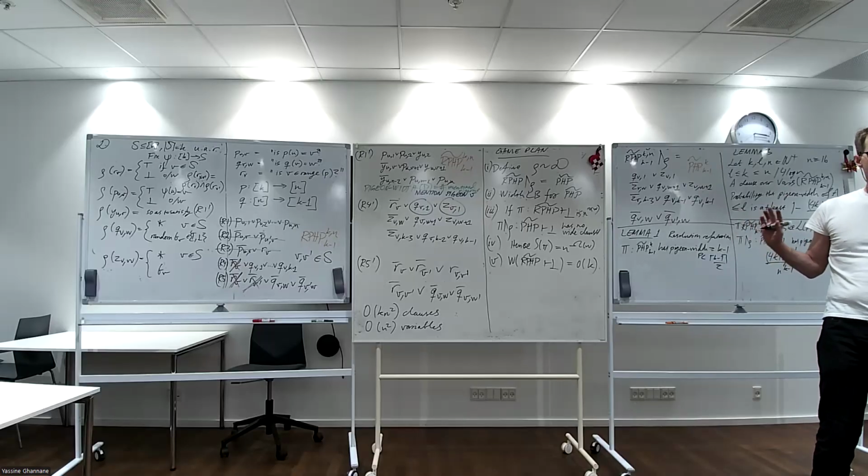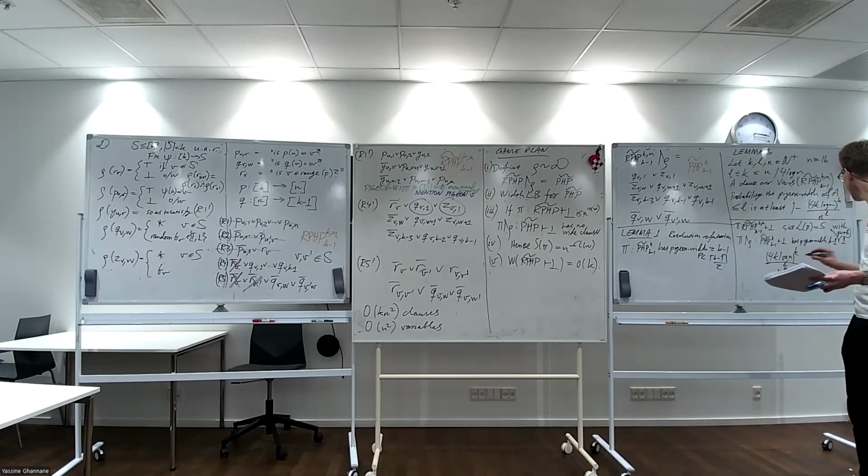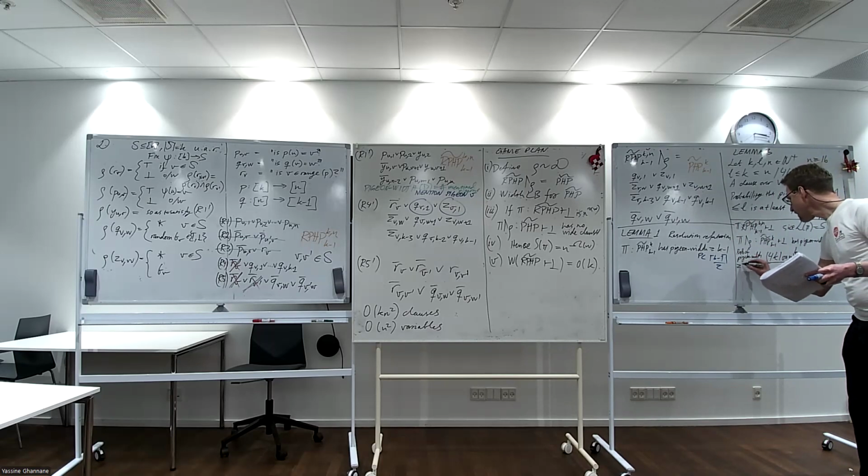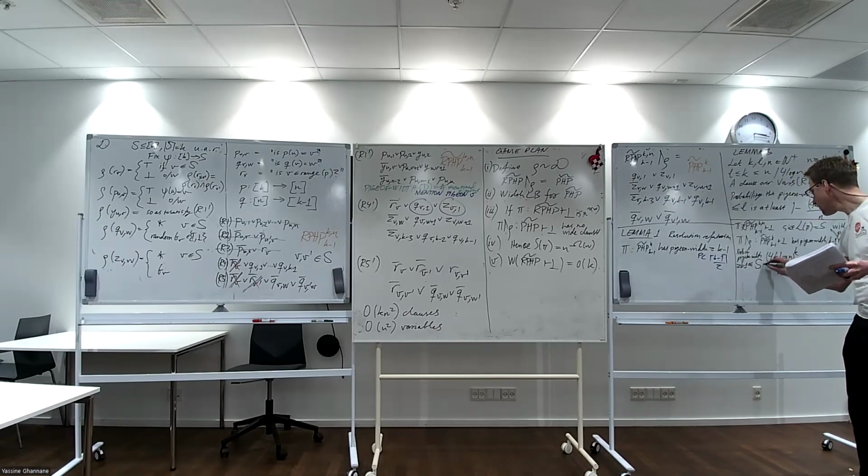So just by union bounding, the probability of actually having pigeon width greater or equal to k minus 1 is less than the number of clauses I have times this probability.